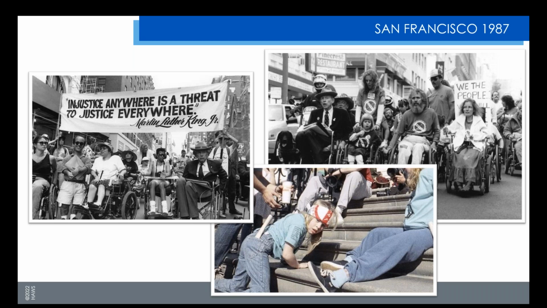But thanks to people like Justin Dart, former head of Dart Industries, a company responsible for such brands as Duracell and Tupperware, eventually merging with Kraft. I'm sure you know Kraft. He was one of the biggest advocates for the movement and is often referred to as the father or grandfather of the ADA. He himself was disabled.